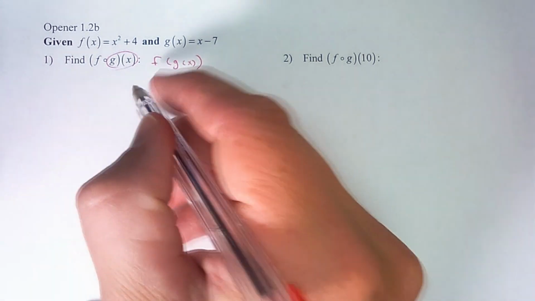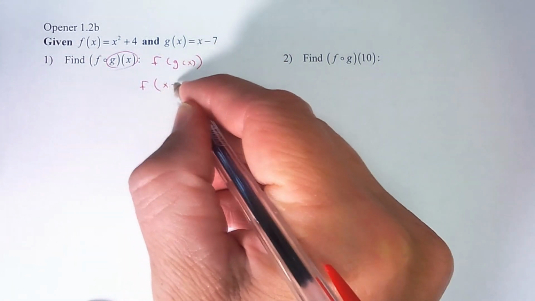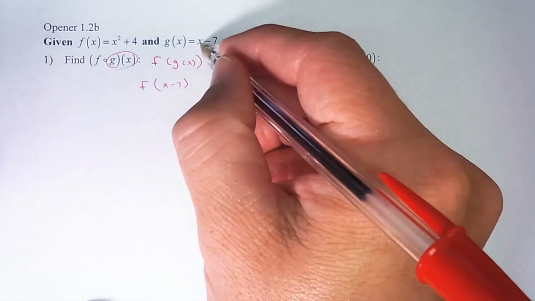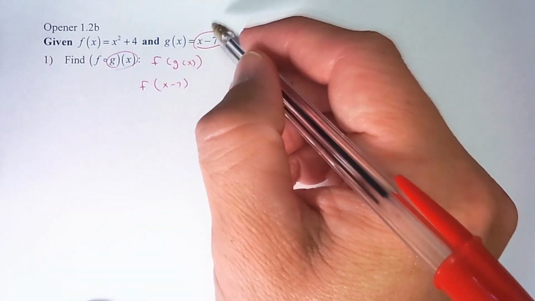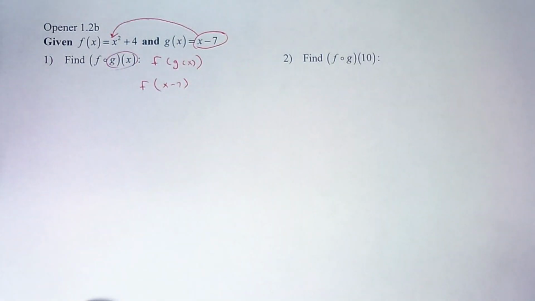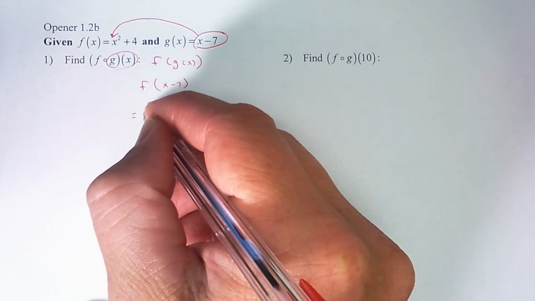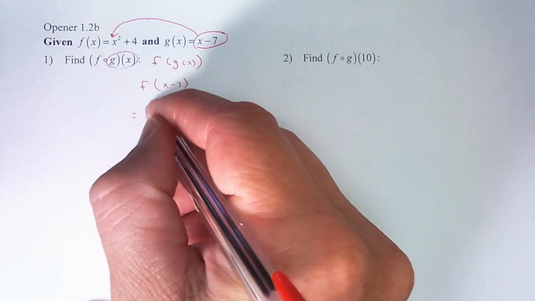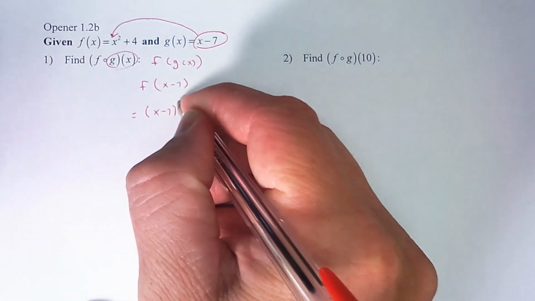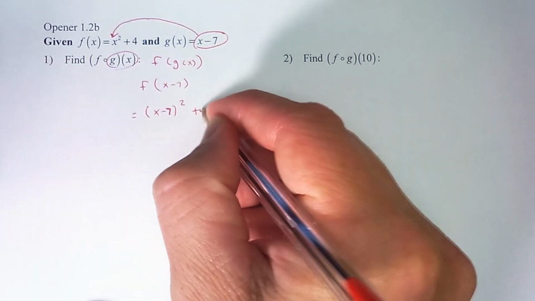So I'm taking f of whatever g of x is, which is x minus 7. So I'm going to be taking this g of x and plugging it into the x here for f of x. Okay, so that equals that x, which becomes x minus 7 squared plus 4.